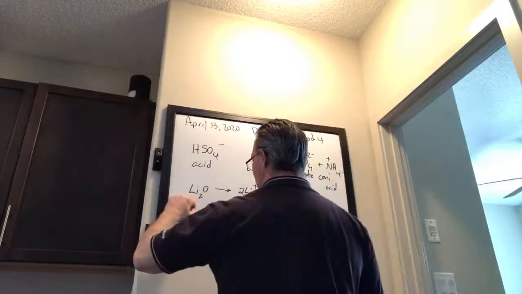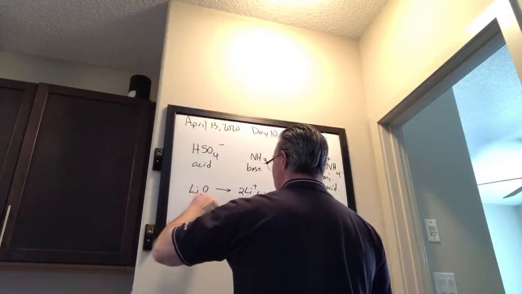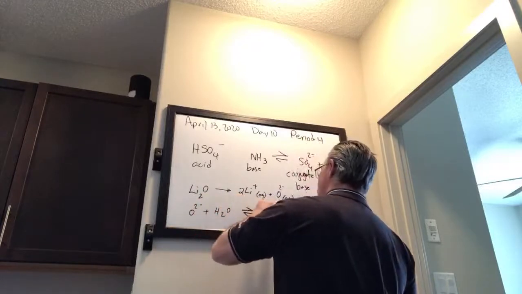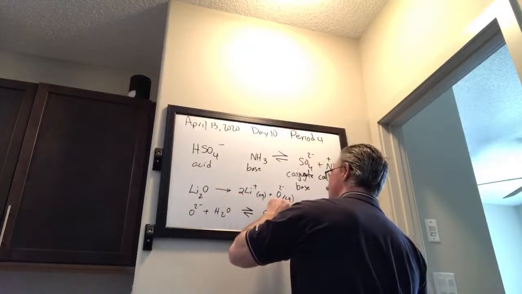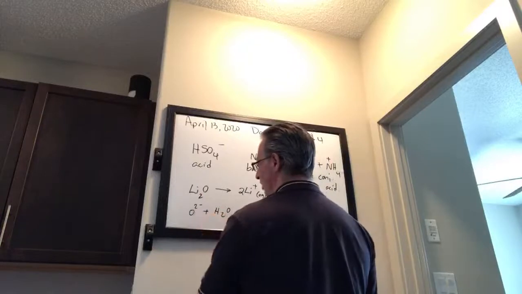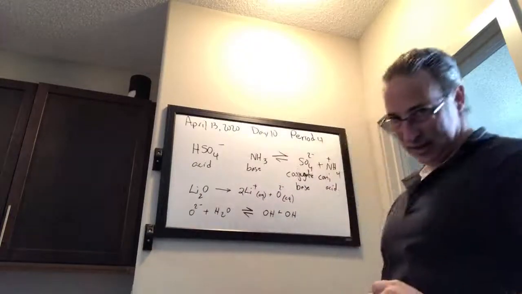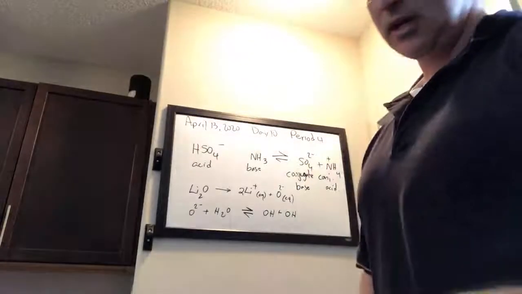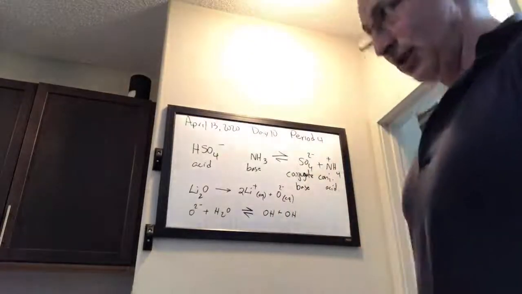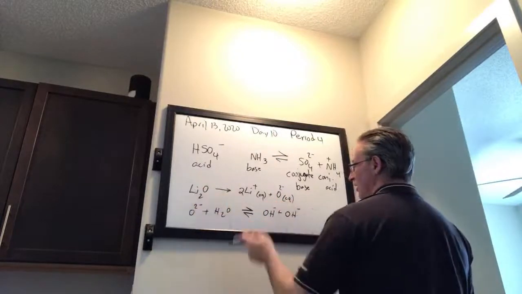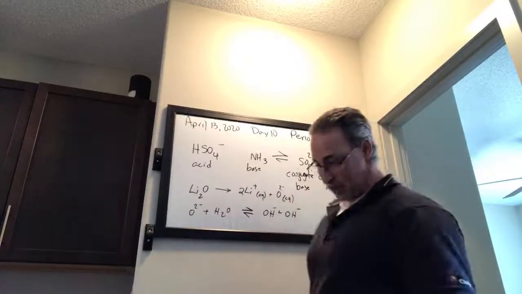What really happens is the oxide anion combines with water and you get two hydroxide ions because it pulls a proton off the water. So the oxide anion does not like to sit in a water solution. It will react with the water and you'll get two hydroxides. So if you add lithium oxide to water, you'll get a basic solution.